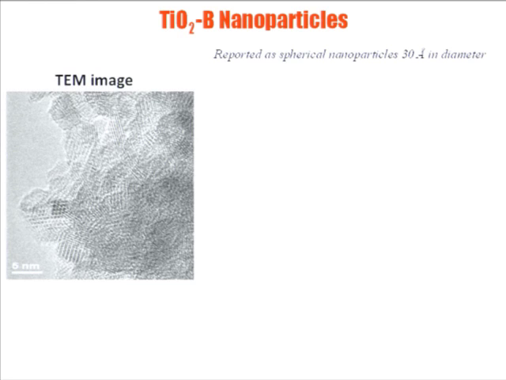We repeated the synthesis, and the size, well, roughly corresponds to what was reported, but there's no way that these particles are spherical, although, once again, it's not easy to see it from here. But if you stretch your imagination a little bit, you will notice some of the particles here, although they're merged, but there's no way they're spherical.